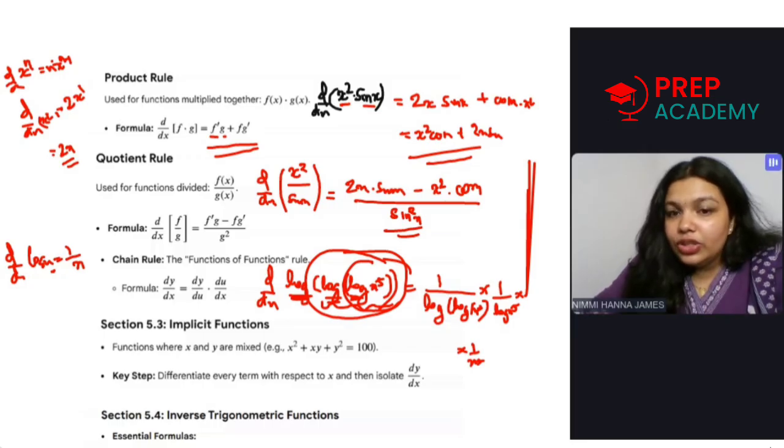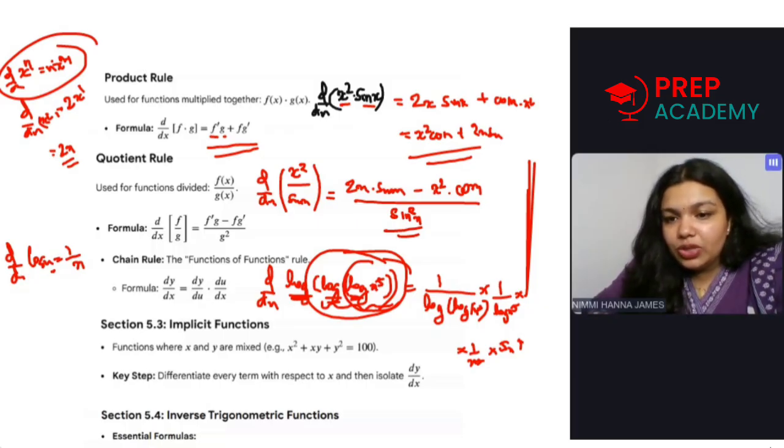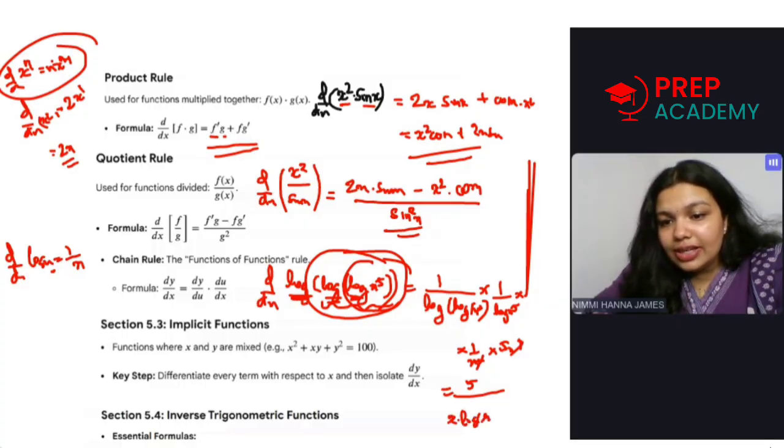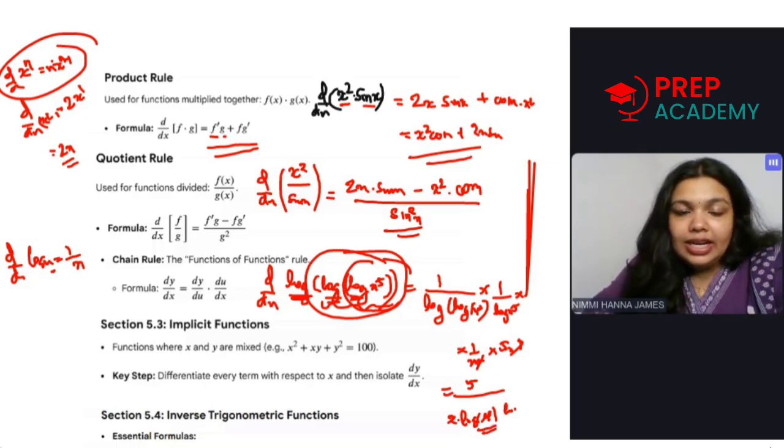Is it over? No, it's not, because we have x raised to 5. The differential of x raised to 5 is 5x raised to 4, using the x raised to n formula. After cancellation, the x raised to 4 and x raised to 5 cancel, and we have 5 by x log x raised to 5 times log of log x raised to 5. So that is the differential, and that is what we do by chain rule.